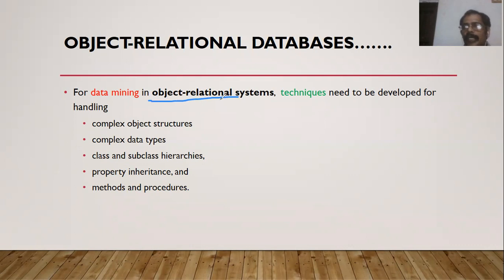For data mining in object relational systems, techniques need to be developed for handling complex object structures, complex data types, class and subclass hierarchies, property inheritance, and methods and procedures.